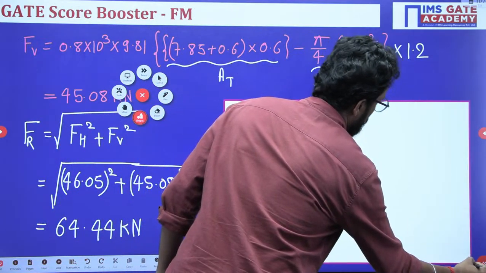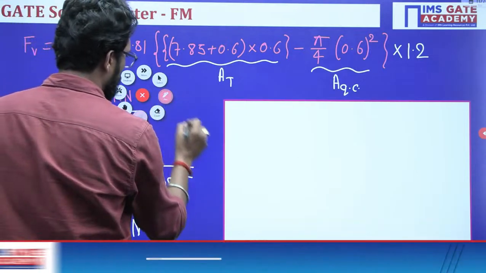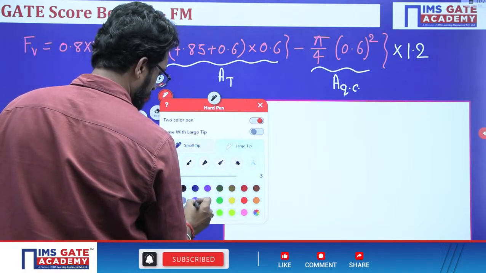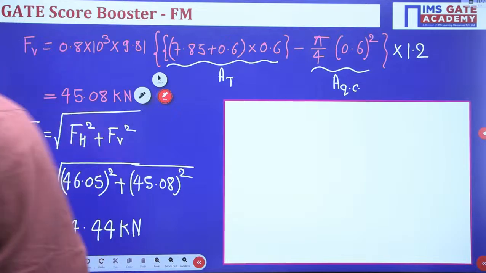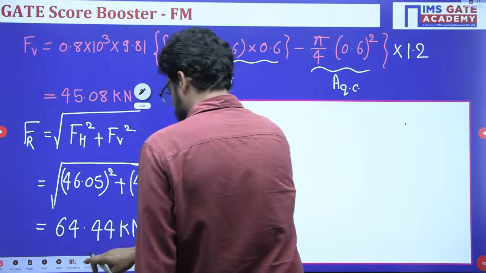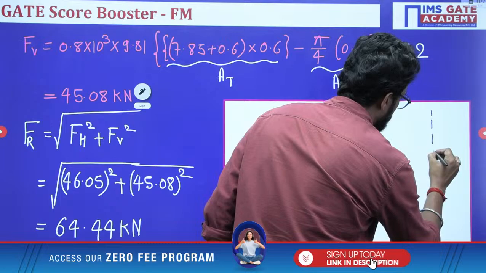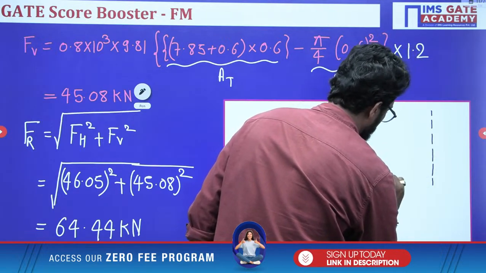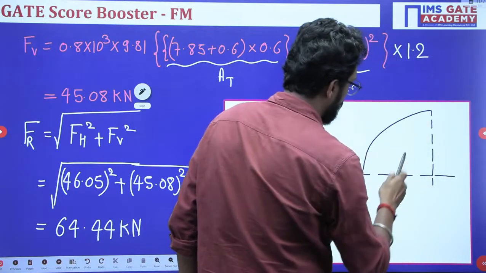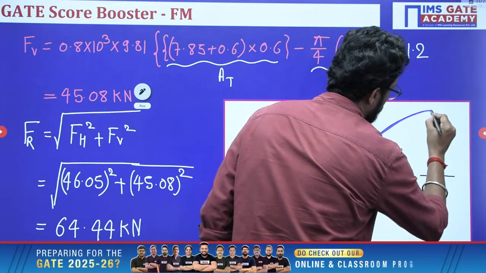So see this thing. This is a very important calculation now. What is that? This is your curved surface, a quarter circle.